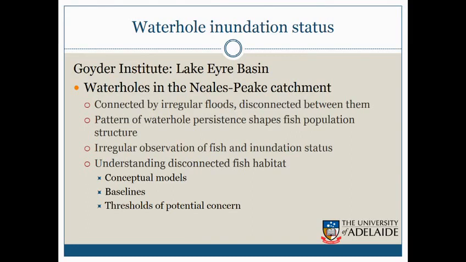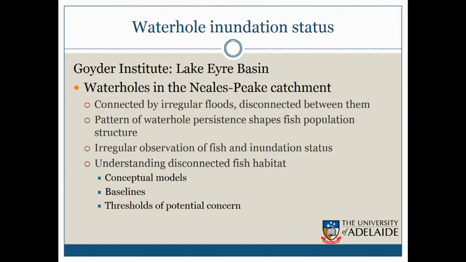The pattern of the waterhole persistence has the capacity to shape fish population structure, but unfortunately there's not really much data to provide any useful information as to how these waterholes and the fish populations interact.